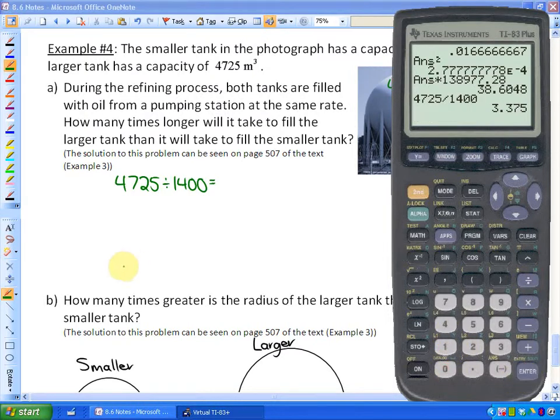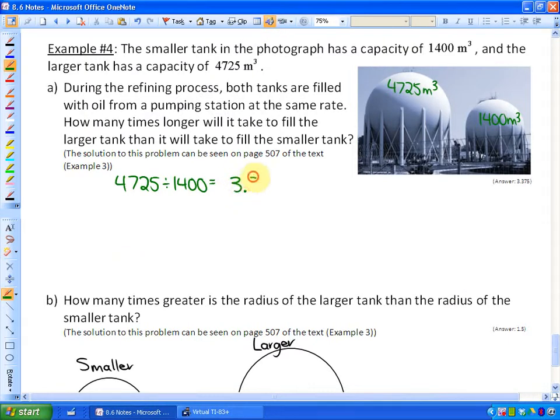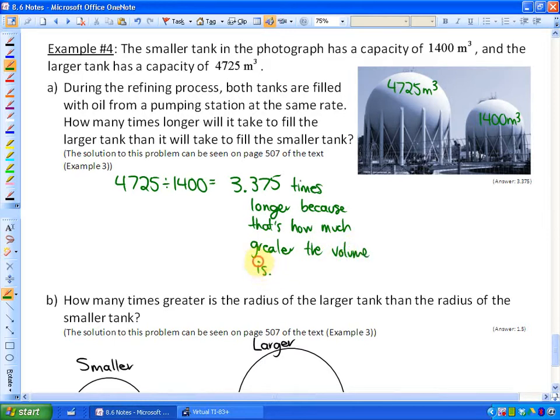So it would take 3.375 times longer, because that's how much greater the volume is. Okay, so that would be how much longer it takes.